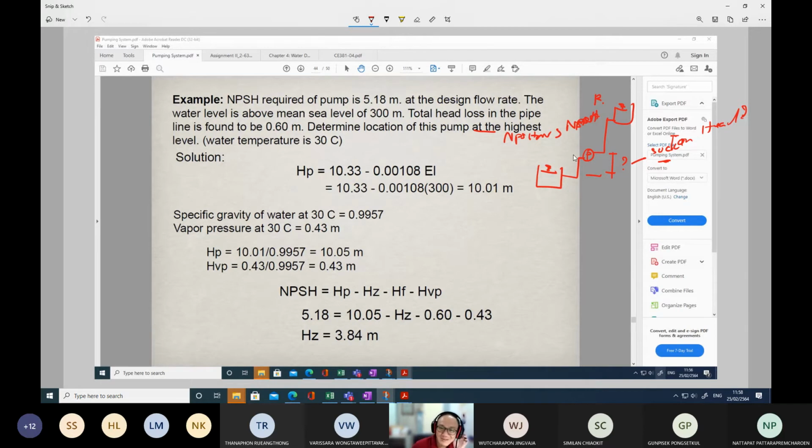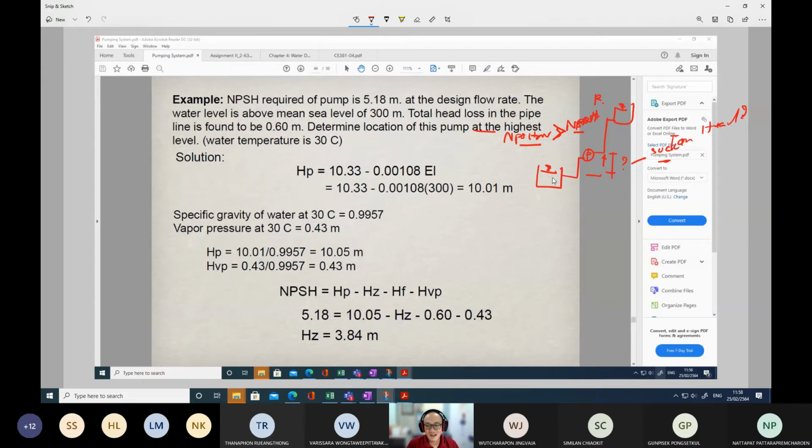You have to keep in mind it can be at any level as long as the NPSH available is greater than the NPSH required. In this question there is no information about the safety factor, so you can ignore it, or you can include it. It doesn't matter.